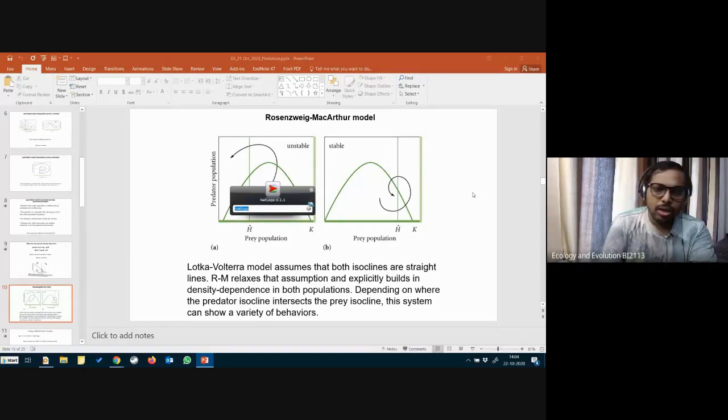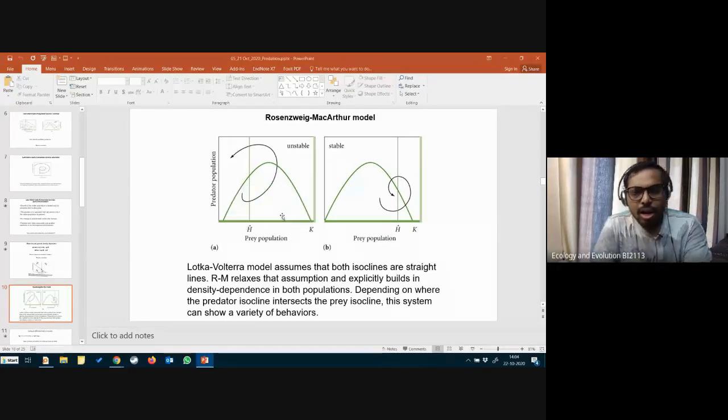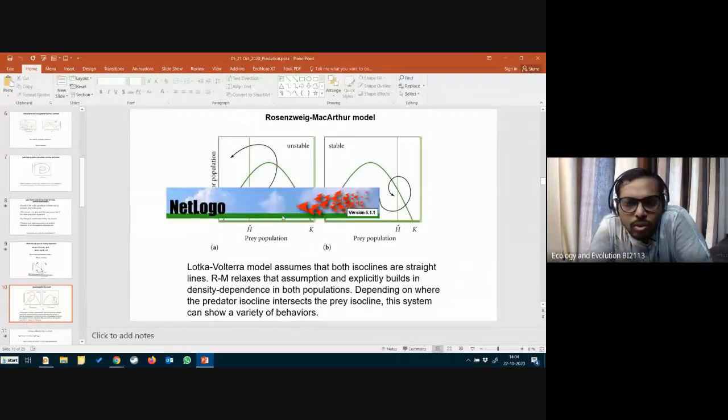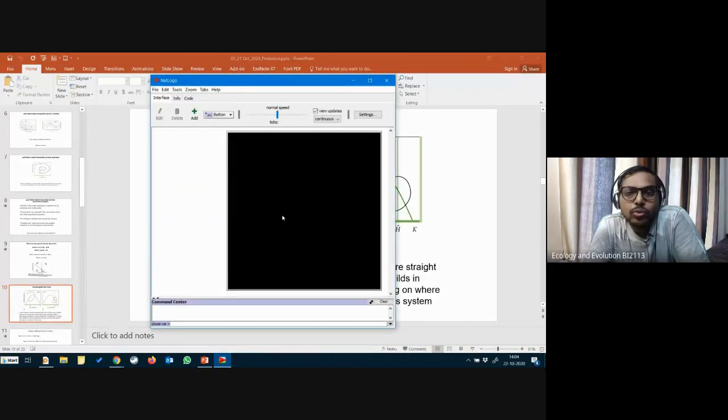So in order to do this, we are going to use a certain platform called NetLogo. Now, one of the unfortunate things that your batch is undergoing is the absence of that practical Bio 221. In that Bio 221 practical, Nilesh used to actually teach NetLogo, and he also used to make you do one particular numerical experiment using this platform.